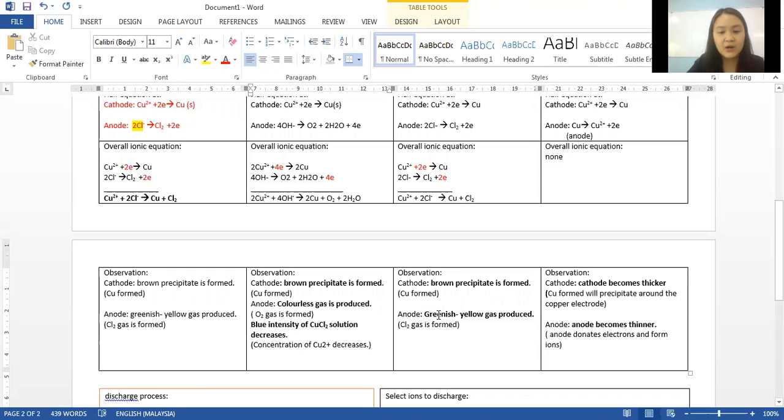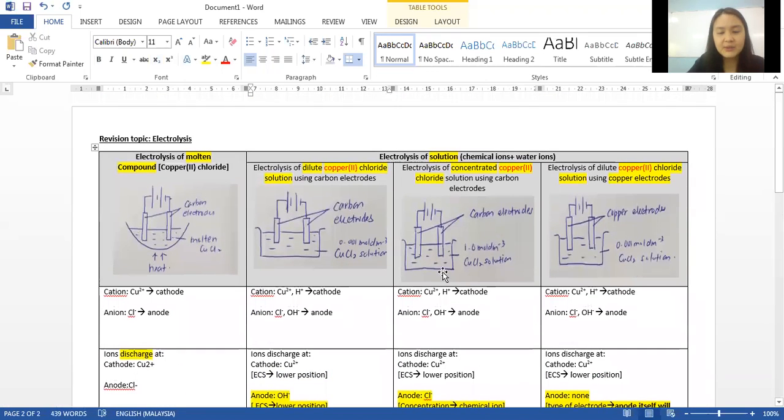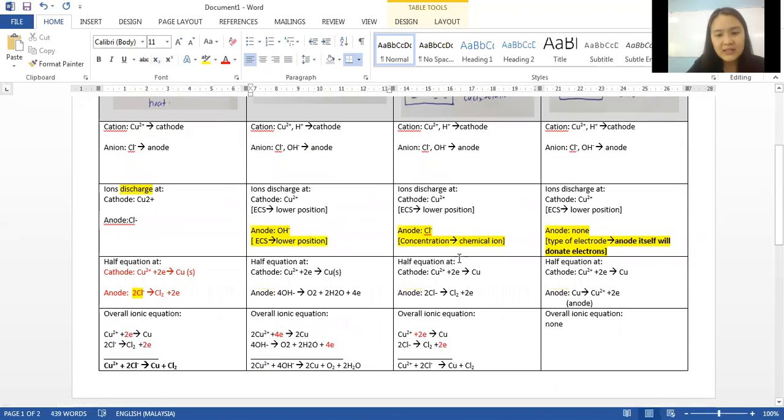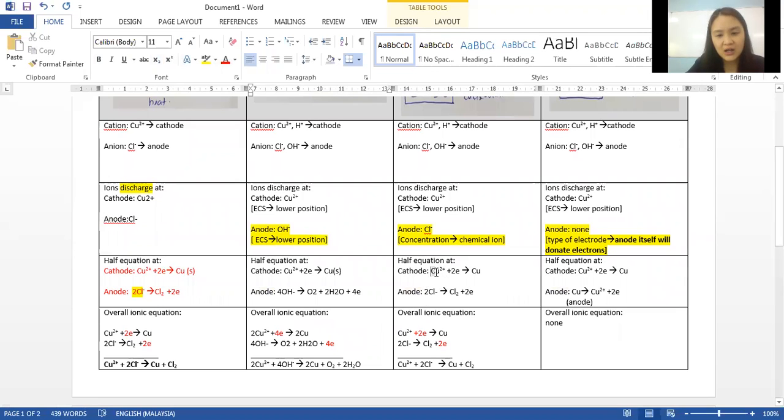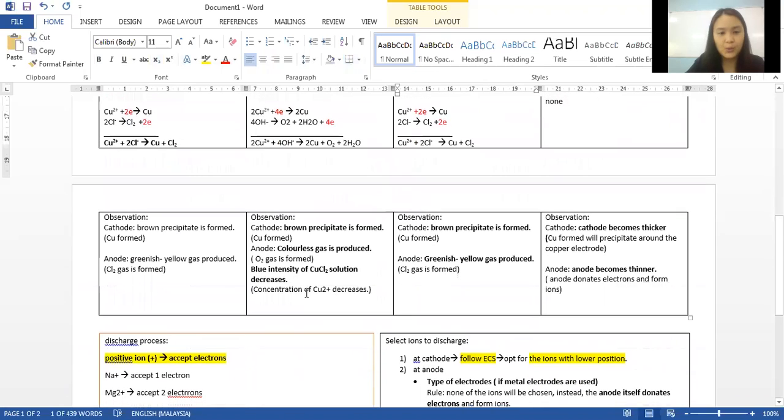Okay, next, moving on. How about my cell number 2 where I use concentrated CuCl2? Again, my solution itself is blue at the beginning because of Cu2+. And according to my half equation, again, I'm using up my Cu2+. So what you expect is the blue intensity of CuCl2 solution decreases again.